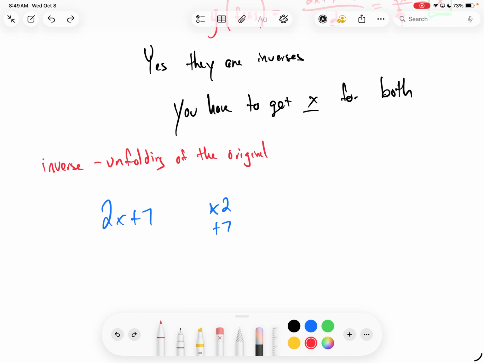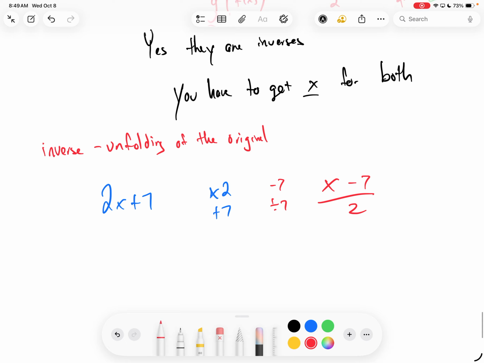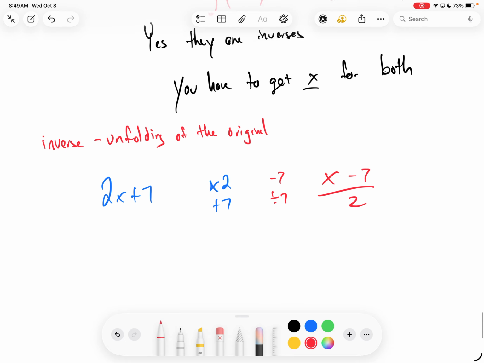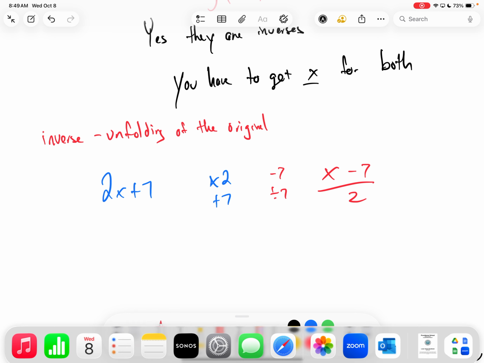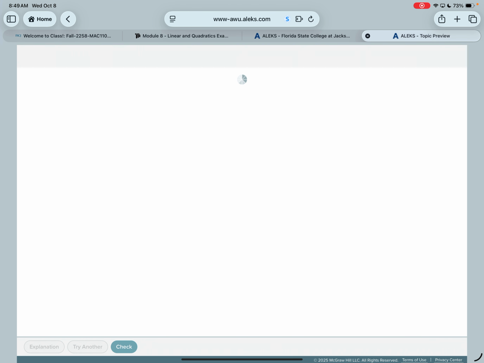So if I took x and I wanted to unfold this, I would do the exact opposite. Starting from the bottom, I would subtract 7 and divide by 2. So that means that those are inverses. So you can kind of do this and just look at this, if that makes sense in your head, and think through these. So let me go pull a different problem and I'll show you since we did that one.